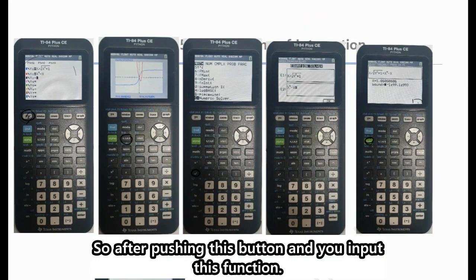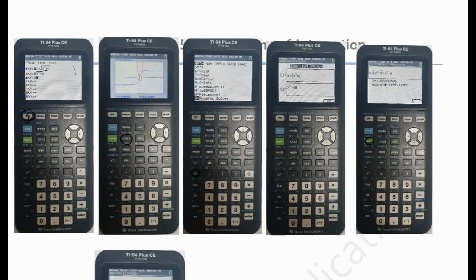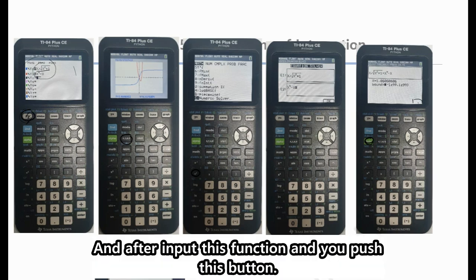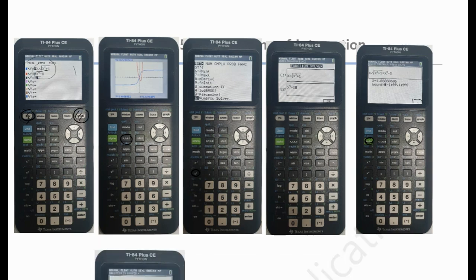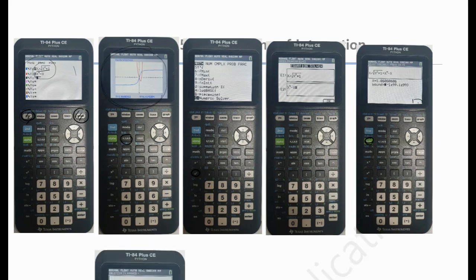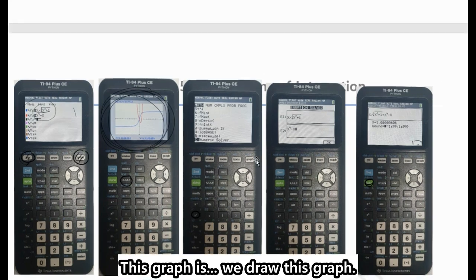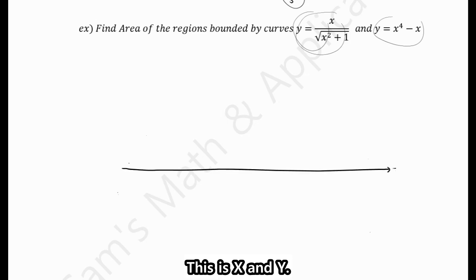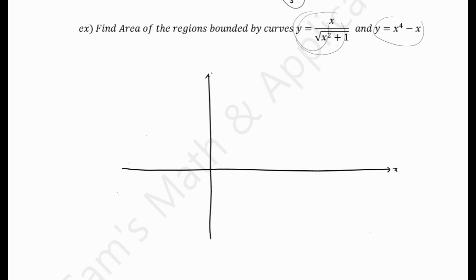After pushing this button, you input this function, and after inputting this function you push the graph button. After you push the graph button, you can see this graph. It's like this. This is x and y, and this is minus 1.